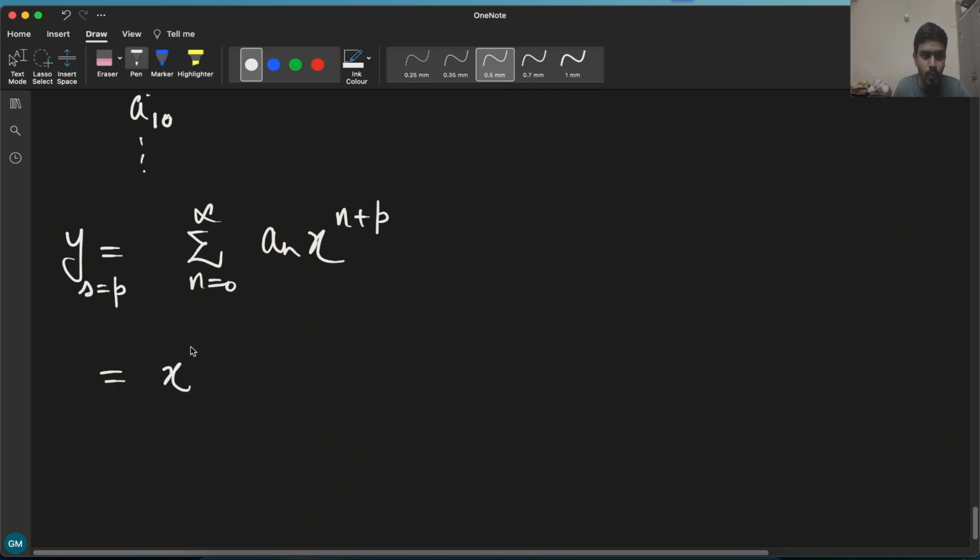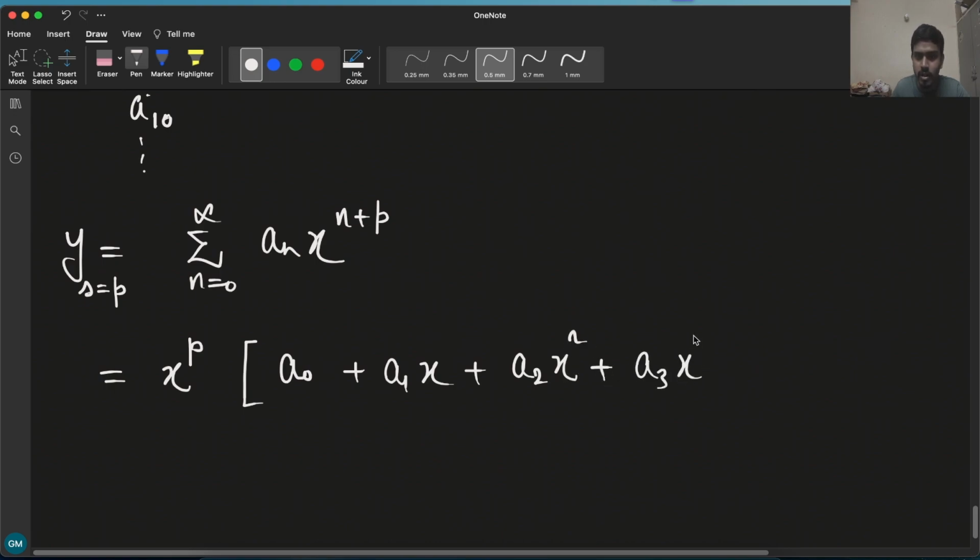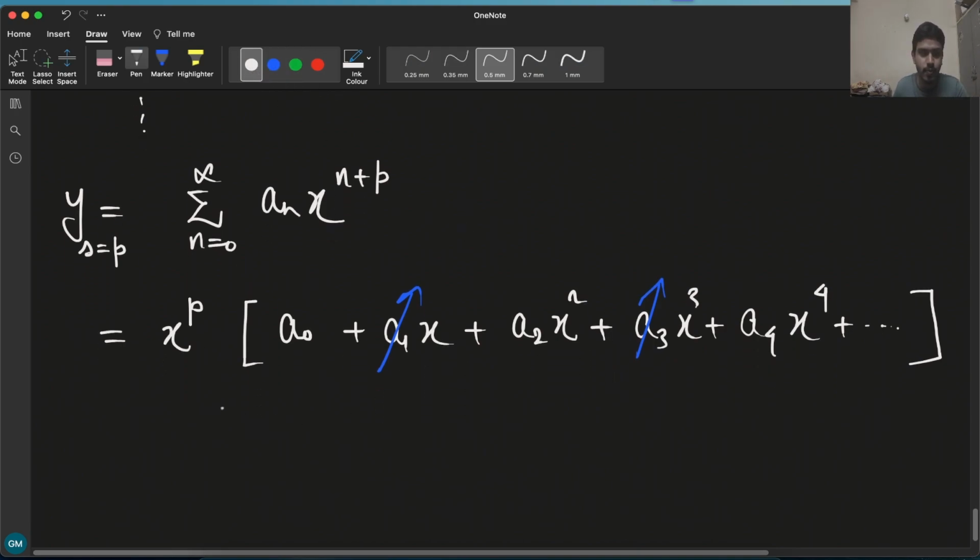Then it will be a0 x to the power 0, which is nothing but a0, plus a1 x plus a2 x square plus a3 x cube plus a4 x to the power 4 plus and so on. And we know that a1 equals 0, a3 equals 0, a5 equals 0. So we are left with even indexed terms.